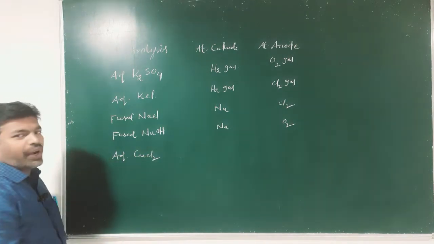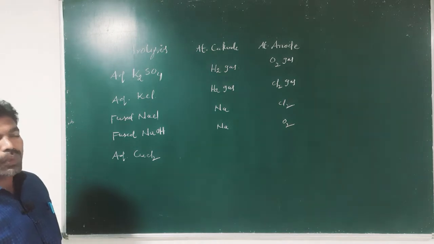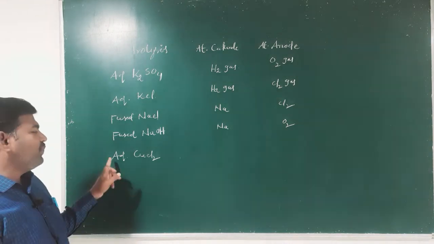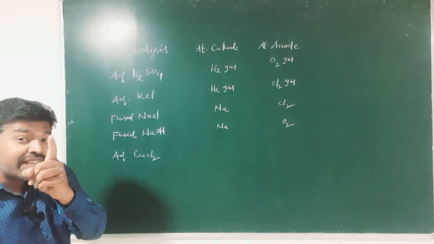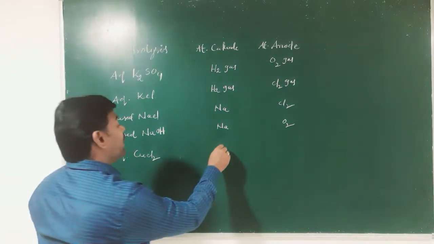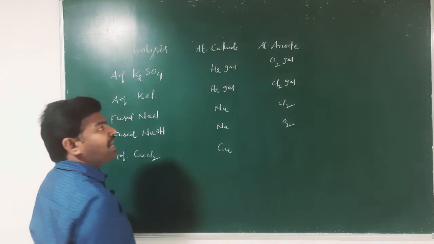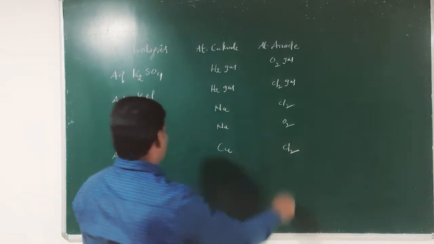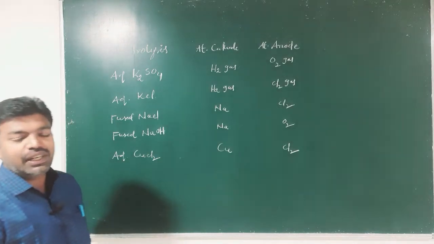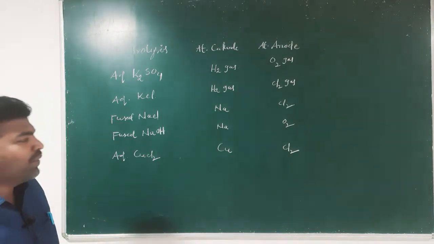Another example, aqueous solution of CuCl2, cupric chloride. If we electrolyze it, we get copper at the cathode and Cl2 gas at the anode.